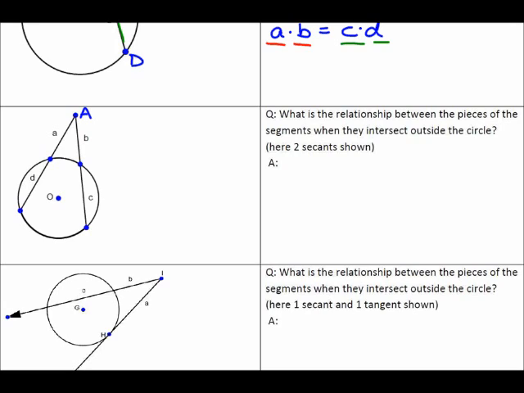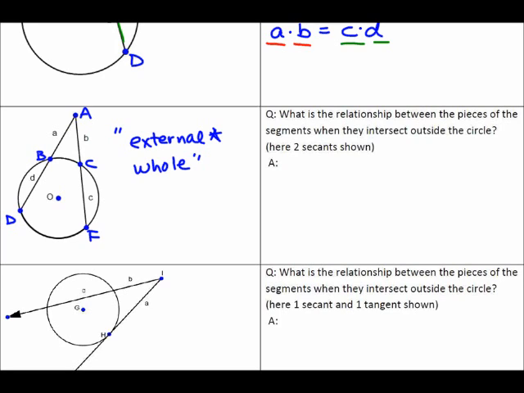I'll label this as big A. We'll call this big B, big C, big D, and big F. Okay, so the relationship here is that we can take the external piece and multiply it times the whole entire piece. So it's external times whole thing, and you're going to set those equal to each other.